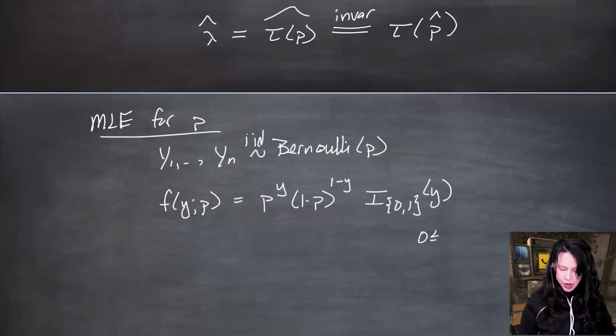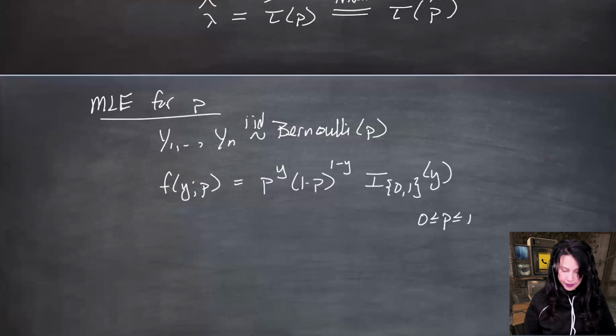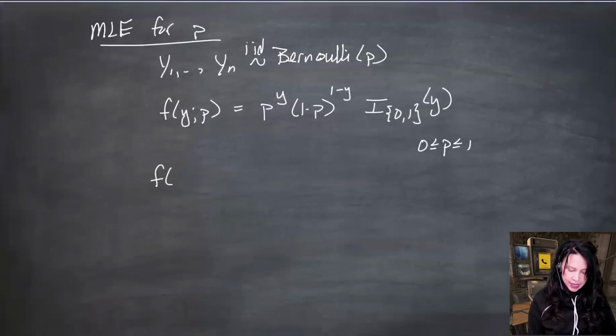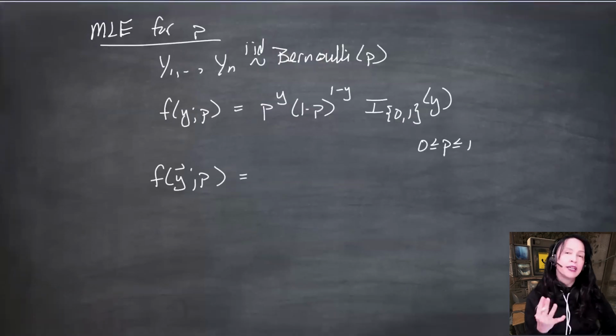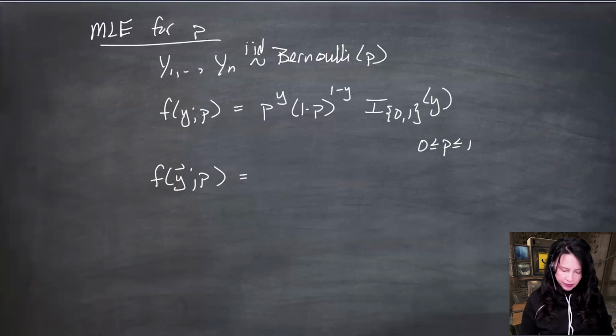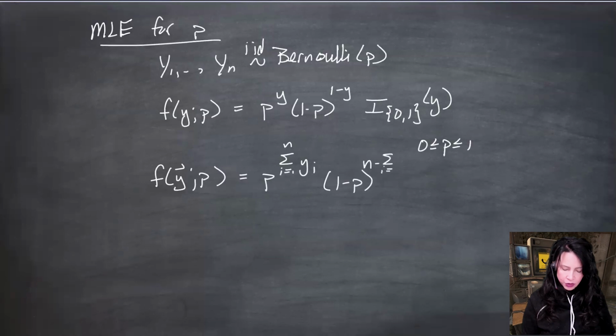And p, the parameter space, is 0 to 1. The joint PDF is going to be, because they're IID, the product of these. So we'll get p to the sum as i goes from 1 to n of the yi, and then 1 minus p to the n minus the sum as i goes from 1 to n of the yi.